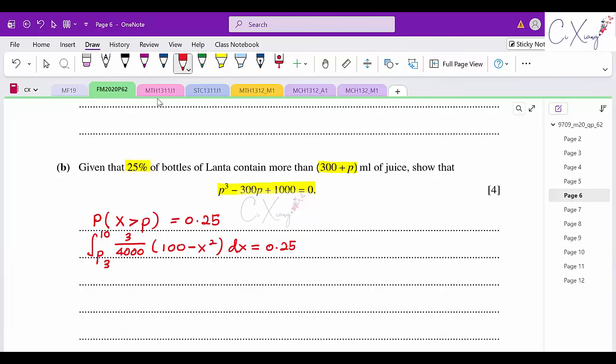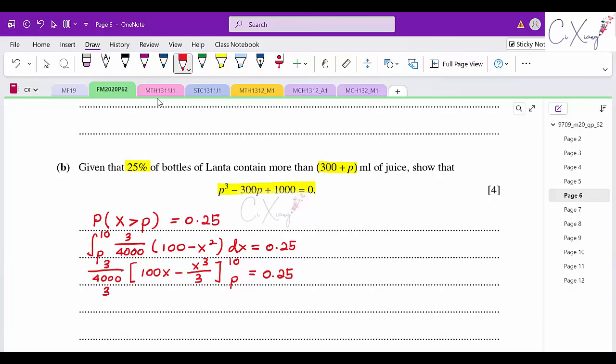For the rest of the steps, you just carry on as usual. You integrate, then substitute in the limits. Integrating 100, you get 100x. Integrating x squared, you have x power 3, power plus 1 divided by the new power. Then substitute in the limits 10 and p, and this probability is given as 0.25.